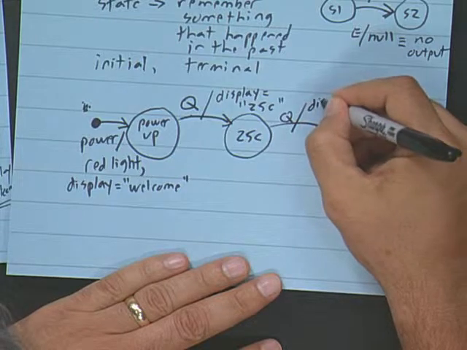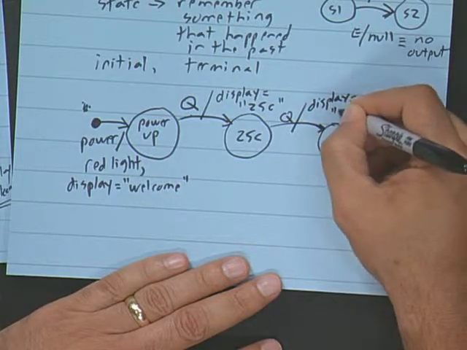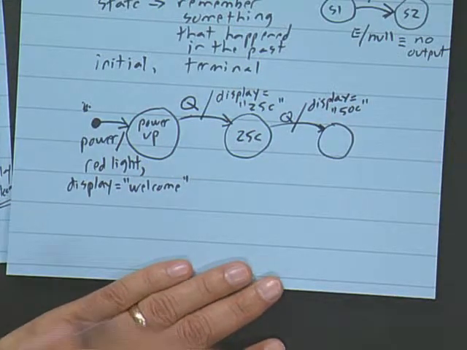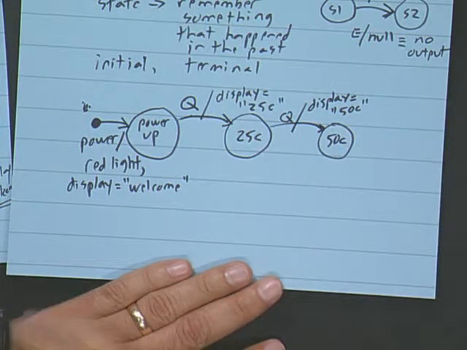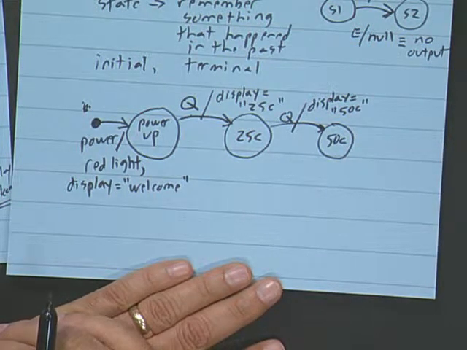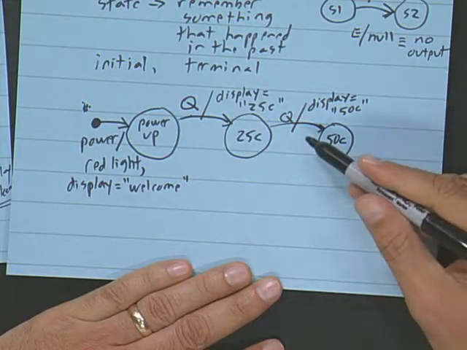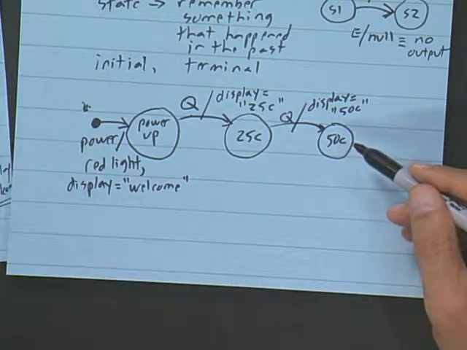It could be display equals 50 cents, right? Let's call this state 50 cent. I think there's someone named that out there in the music industry. See what's going on here? So we have to remember something else happened, so we're going to do that.